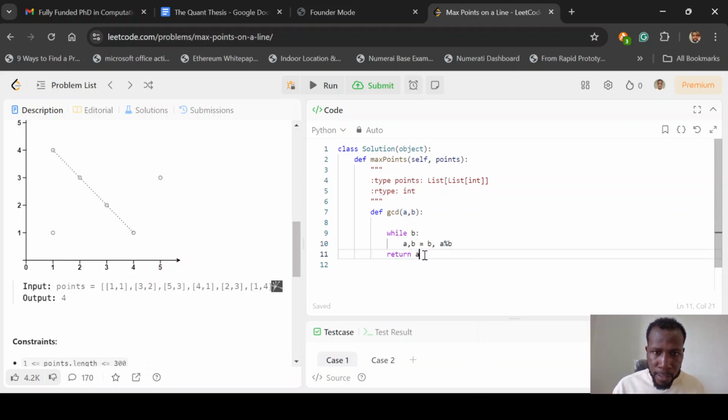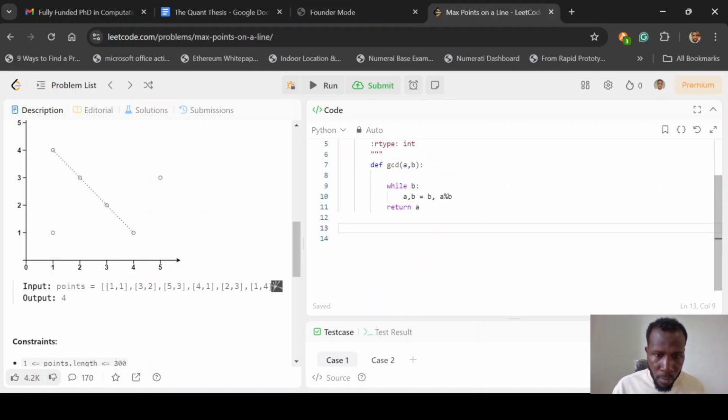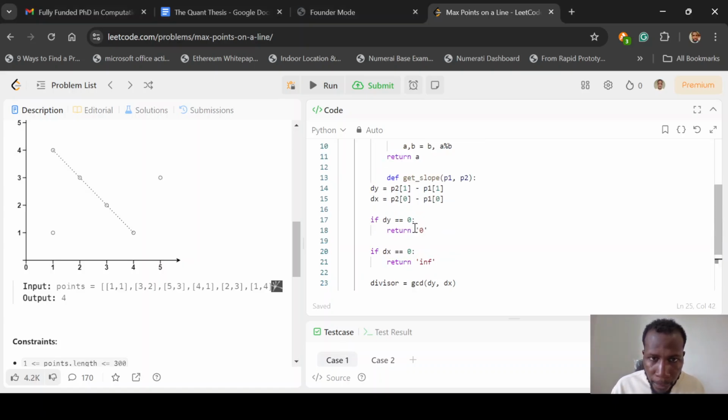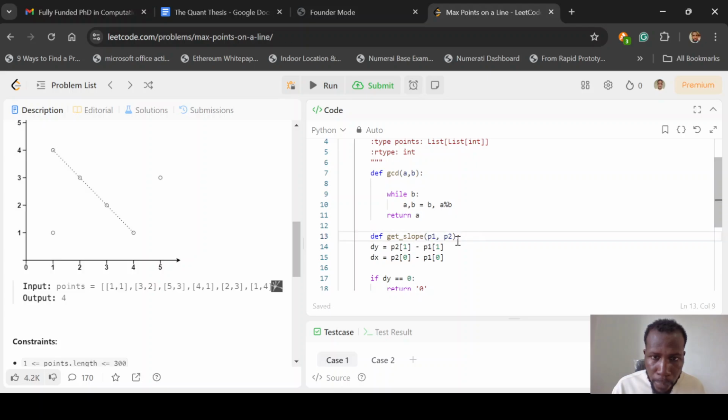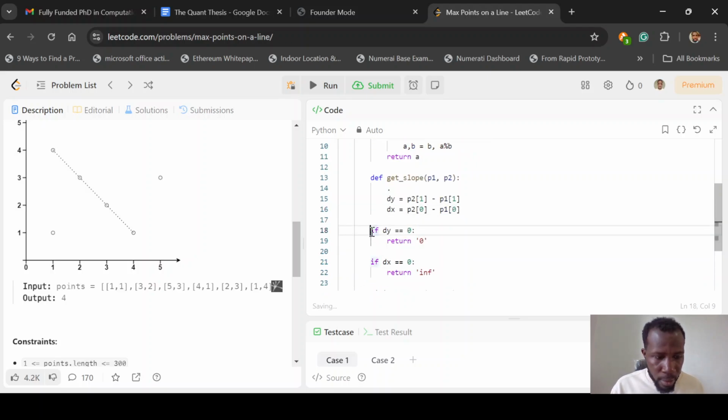Then the second one. So this is what it gets. This is the y, the x, then we have this, and then this.